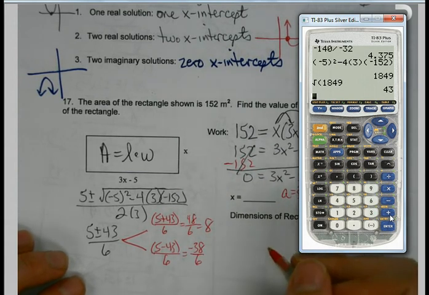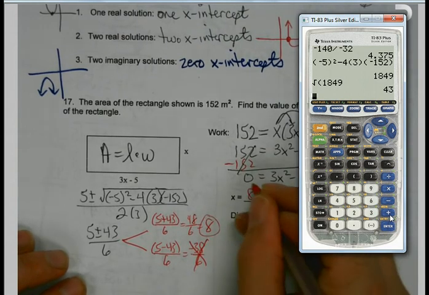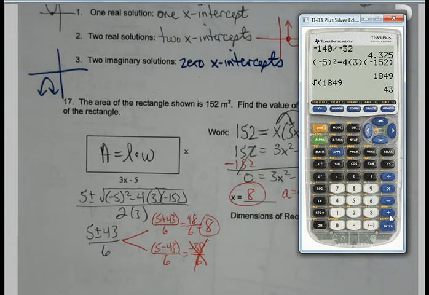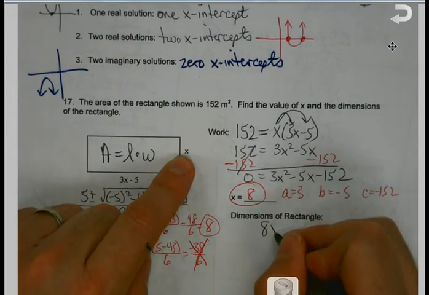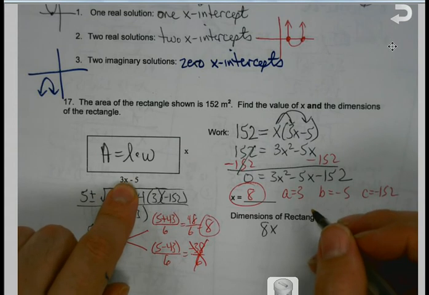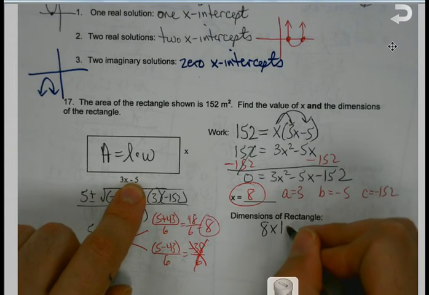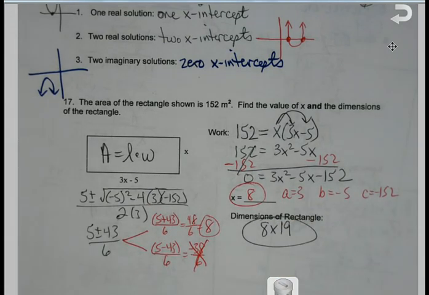Before I even hit this anymore, dimension cannot be negative, so I'm not worried about that. So I get x. Don't forget about the last part of the question. Dimensions of the rectangle. Okay, x is 8. Plug in 8 for x. 3 times 8 is 24 minus 5. 19. Whew. And that would be my dimensions.